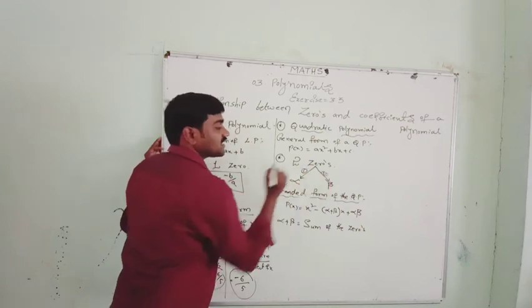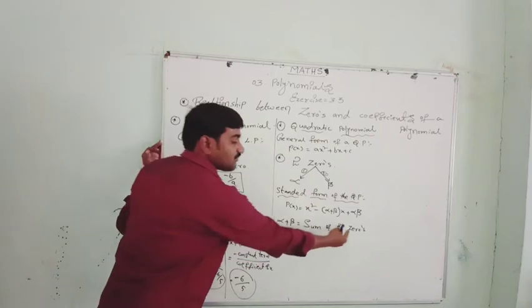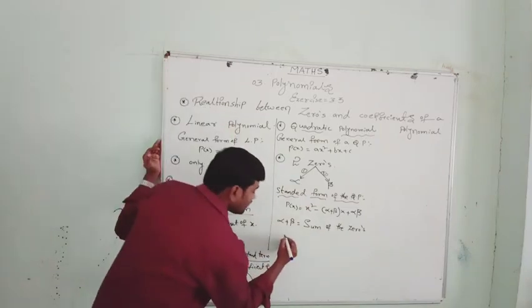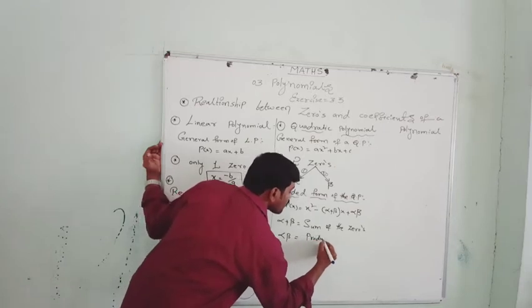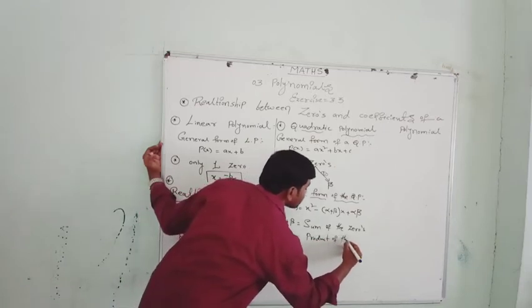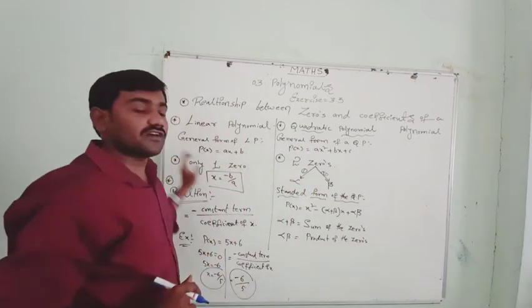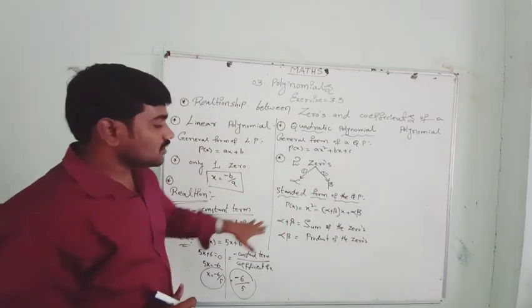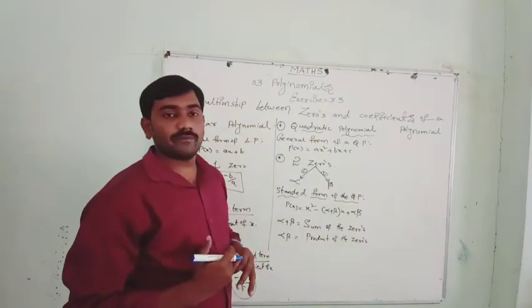This is the first zero, this is the second zero. The sum of these two zeros is alpha plus beta. Then alpha beta is called the product of the zeros. So the sum of the zeros is alpha plus beta, and the product of the zeros is alpha beta.